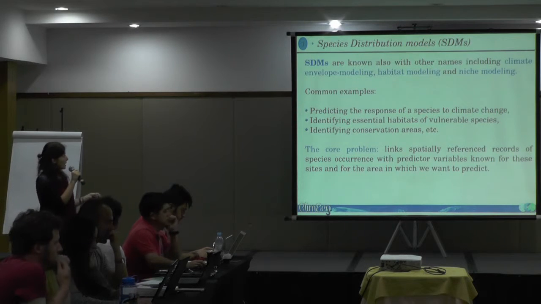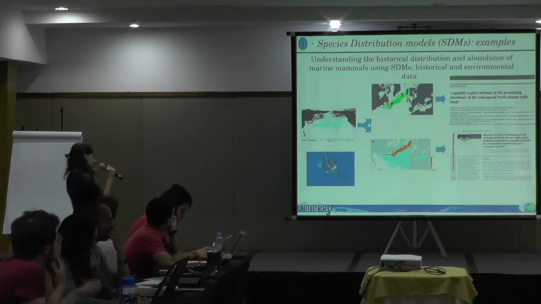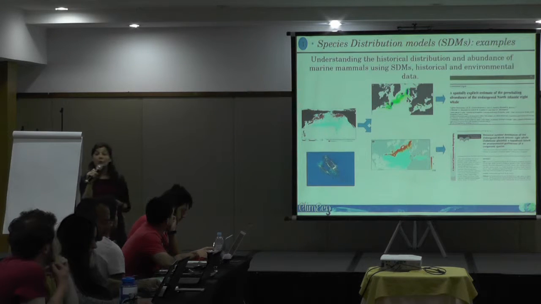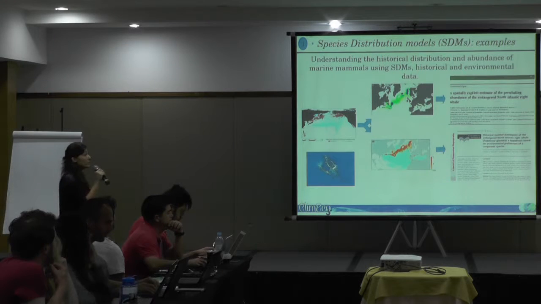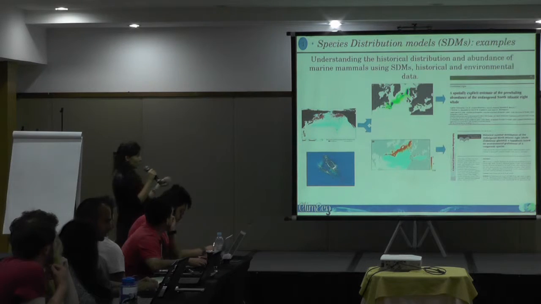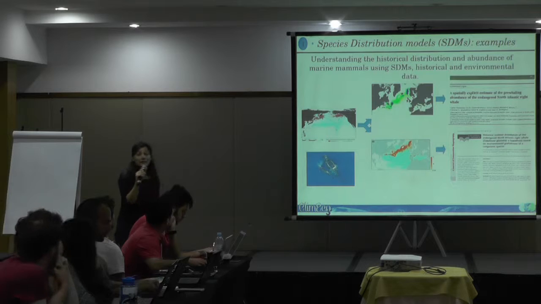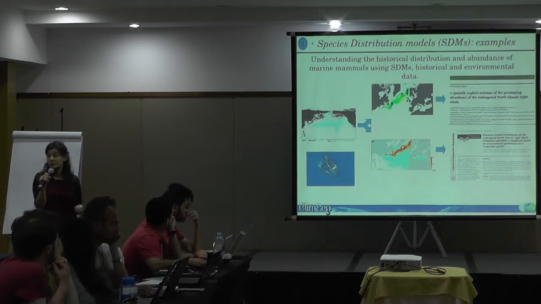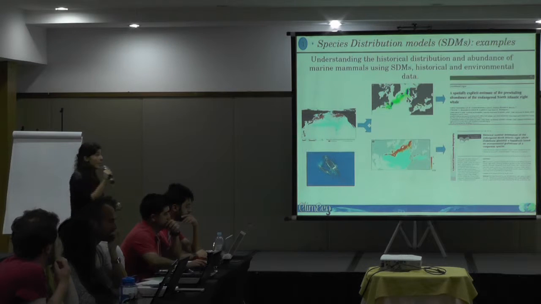For example, I worked on a project a few years ago, and we used species distribution models to do some projection, but in the past. We were interested in discovering the distribution and the abundance of the North Atlantic right whales. These are endangered species. Now there are around 500 individuals left in the Atlantic Ocean.